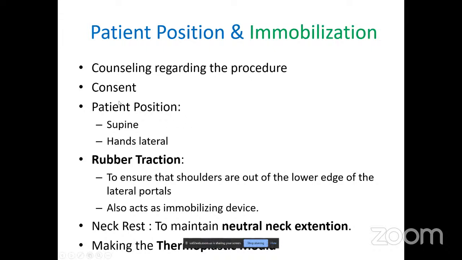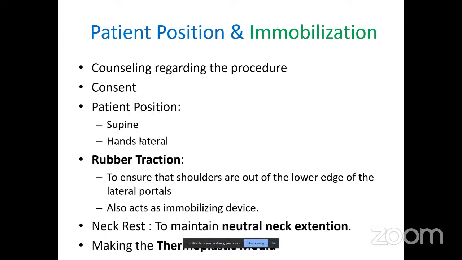After the consent, the patient is usually kept in supine position with hands in lateral position. It is important to give rubber shoulder traction, especially in two-dimensional radiotherapy, to ensure that the shoulder does not come into your radiotherapy portal. It also acts as an immobilizing device for the shoulders.